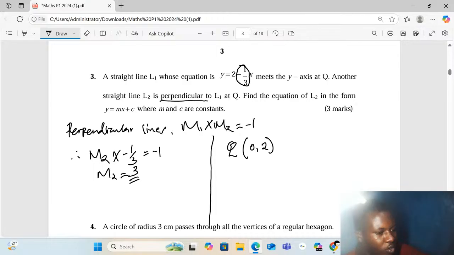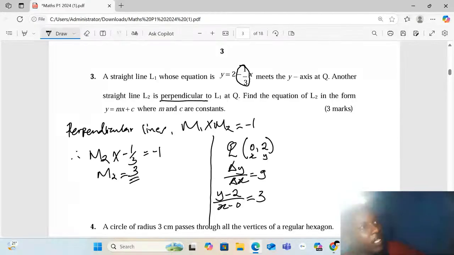So change in y. Now this is our x is 0, y is 2. Now y minus 2, change in y, divided by x minus 0 will give us what? 3. Gives us 3.